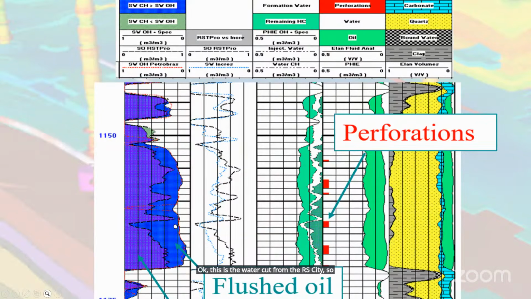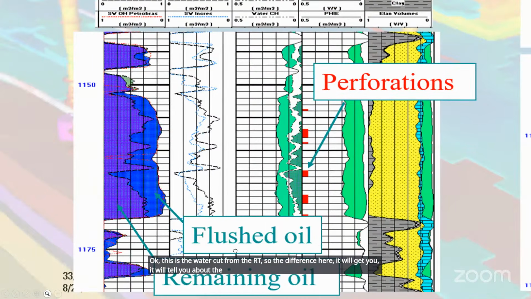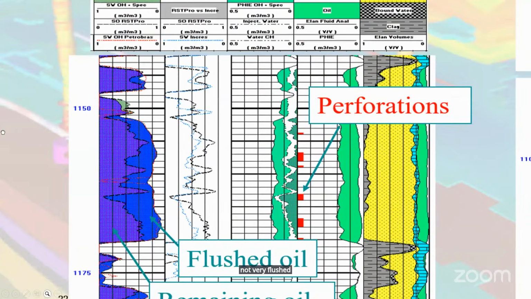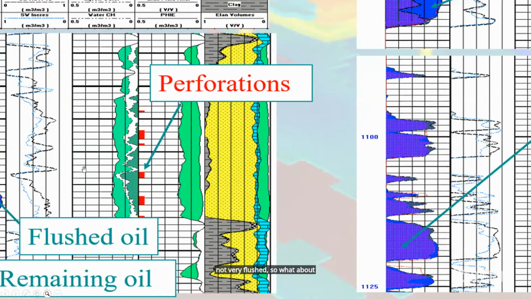So the difference here will tell you about the flushed oil. This kind of analysis is called the flushing analysis, or the oil flushing analysis. So you will see this interval, for example, is flushed by the water. This interval is not very flushed. So what about the other intervals? You can see that it is almost the same.